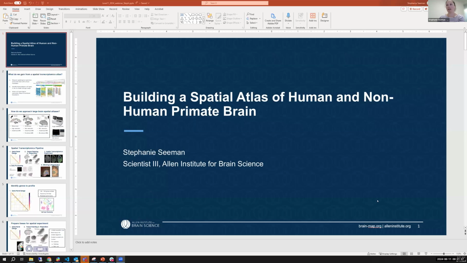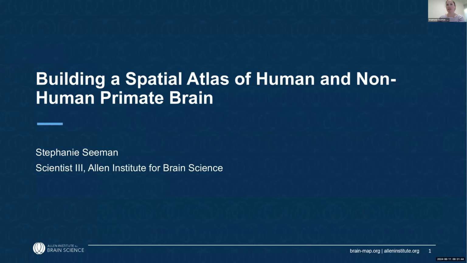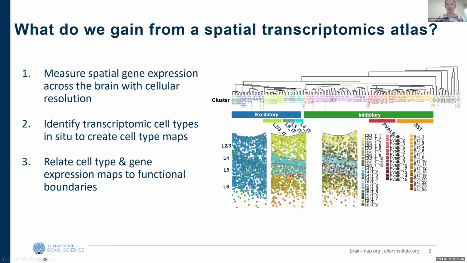Thanks so much. I'm going to pick up pretty much where Rebecca left off to tell you about the spatial atlases that we're building of the human and non-human primate brains. As you've already seen, there's a lot of information still to be gained from putting cell types back into their native anatomical context. These small brainstem nuclei are very difficult to tease apart from single cell and single nucleus approaches, as these splatter neurons have indicated.